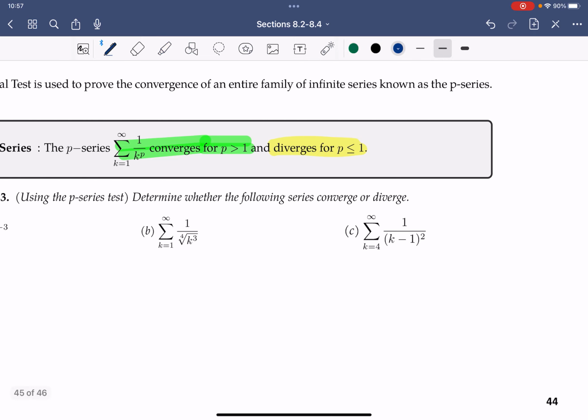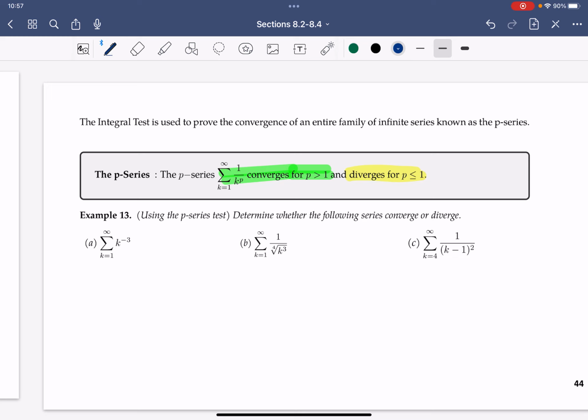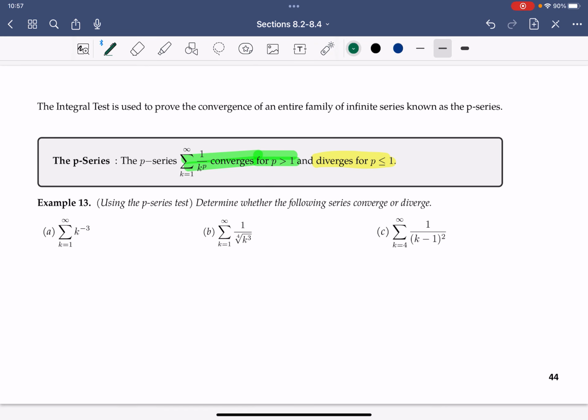For example, the summation of 1 over k here is p equal to 1, so this is divergent. The summation of 1 over k squared here, because the power of k is 2, is convergent, since p is greater than 1.